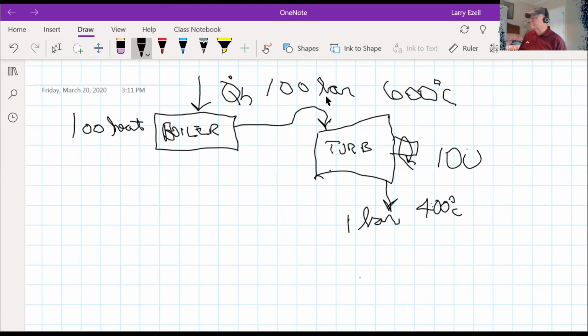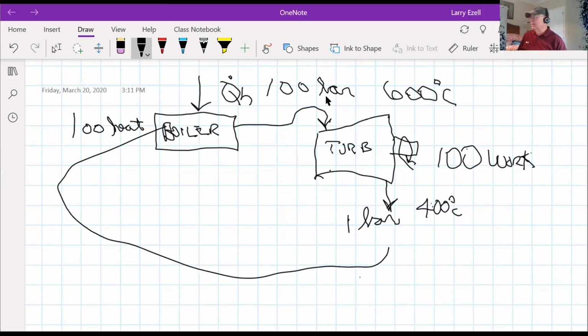The first law doesn't say you can't, but the second law says essentially you cannot do this. You cannot take heat from one source and turn it all into work. Some of it's going to be rejected and end up flowing back around.